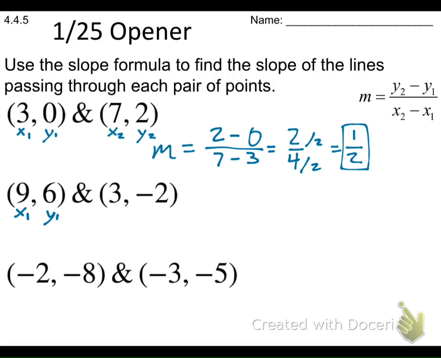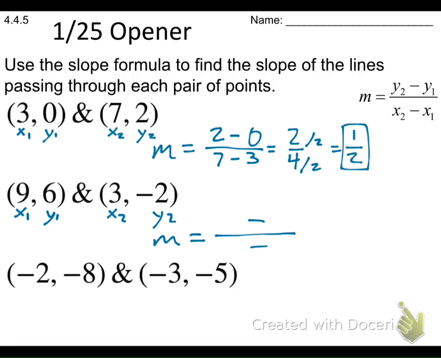Okay, so I'm going to label this again. And I would recommend doing this on your quiz for every problem just so you don't mix up your numbers. Alright. Morgan, can you do the top for me? What's it going to look like? y2 minus y1.